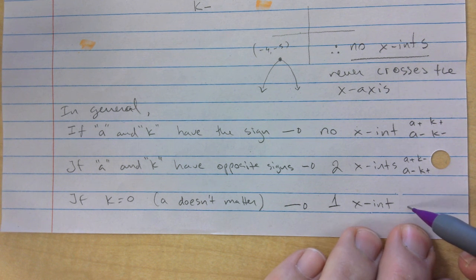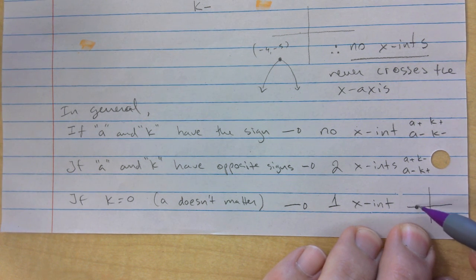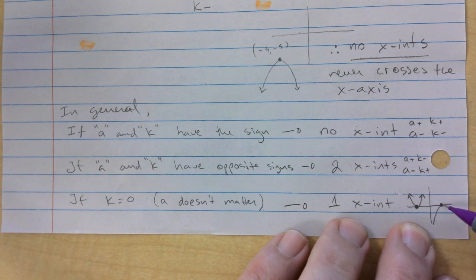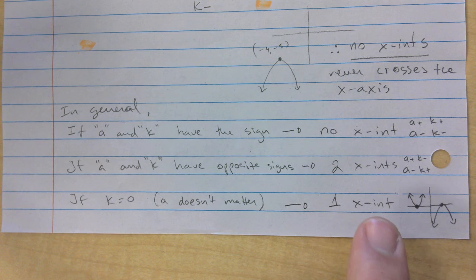Because if K is equal to 0, right? If K is equal to 0, that means that the y value of the vertex is going to be on the x-axis, right? So it's going to go either like this or like this, right? It just doesn't matter what A is, if it's pointing up or down, you're only going to have one x-intercept.